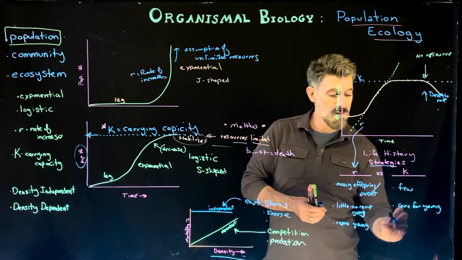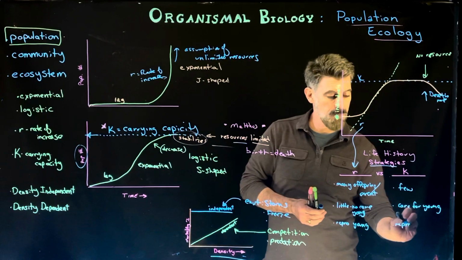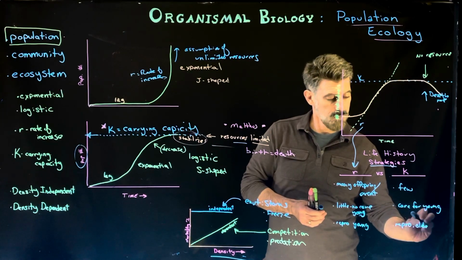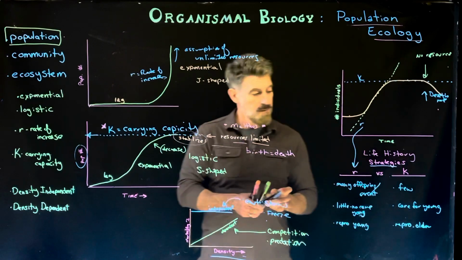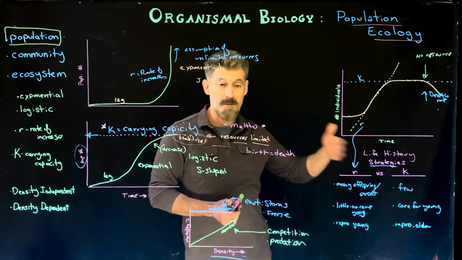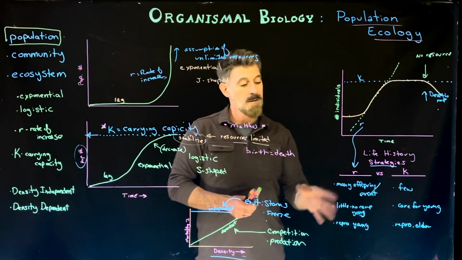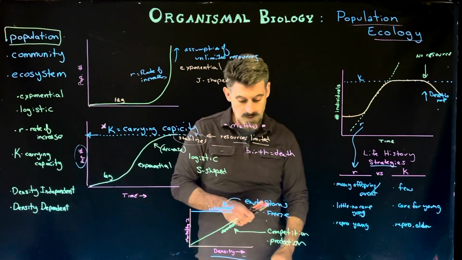Whereas K strategists usually reproduce at an older age. So they might go several years before they are ready to reproduce, whereas the R strategists are reproducing when they're fairly young.